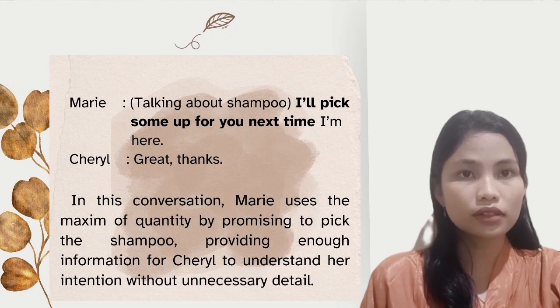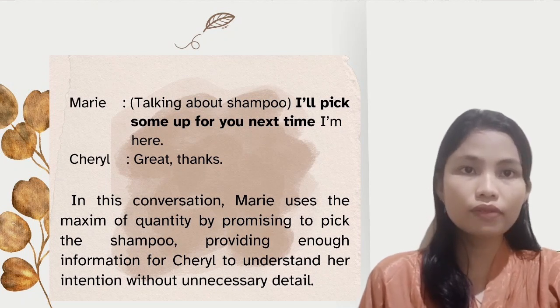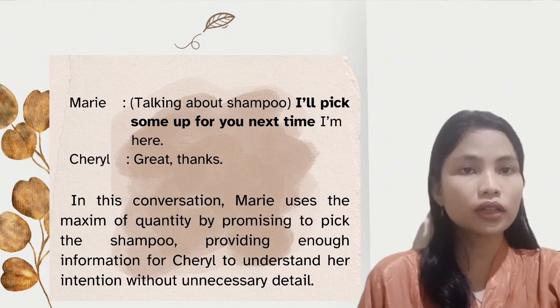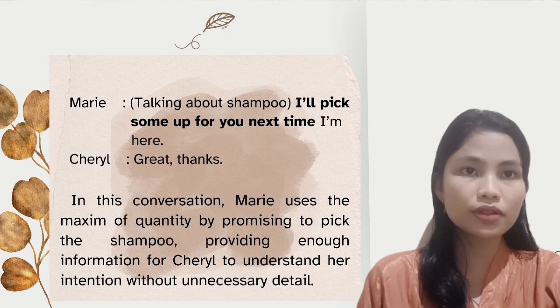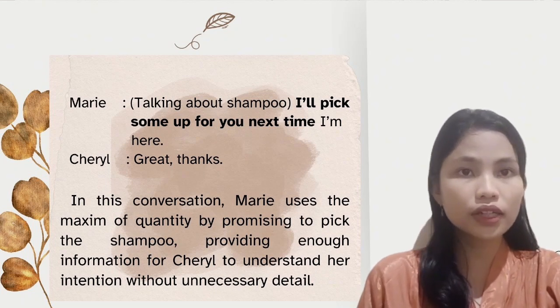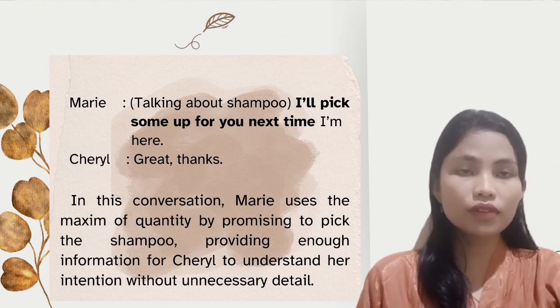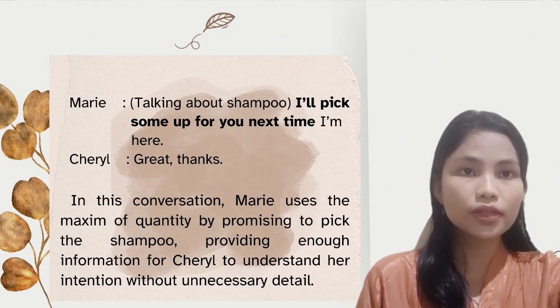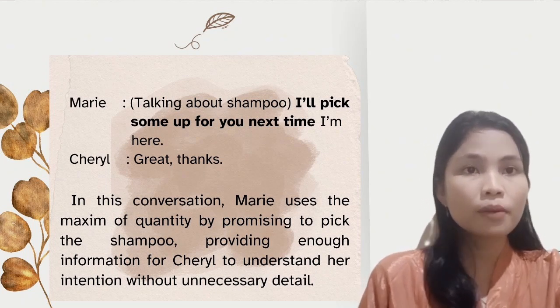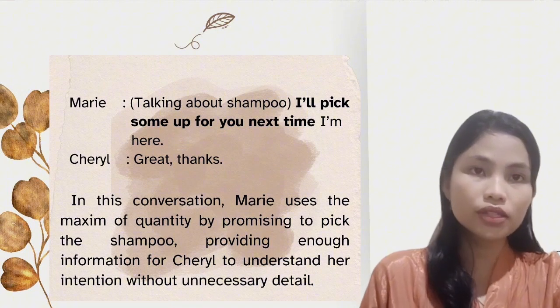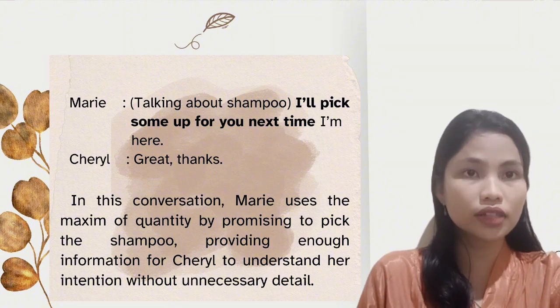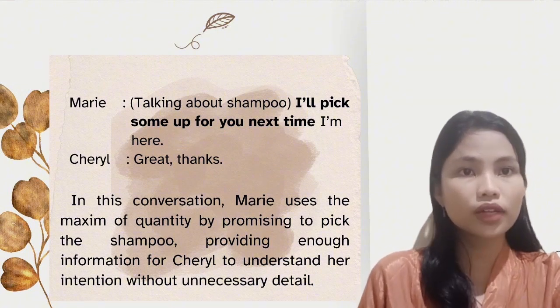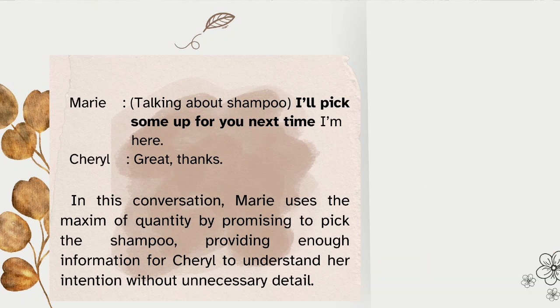In the statement, Mary is not merely conveying information, but also offering to perform a specific action for Cheryl in the future. In this conversation, Mary used the maxim of quantity by promising to pick up the shampoo, providing enough information for Cheryl to understand her intentions without unnecessary detail.